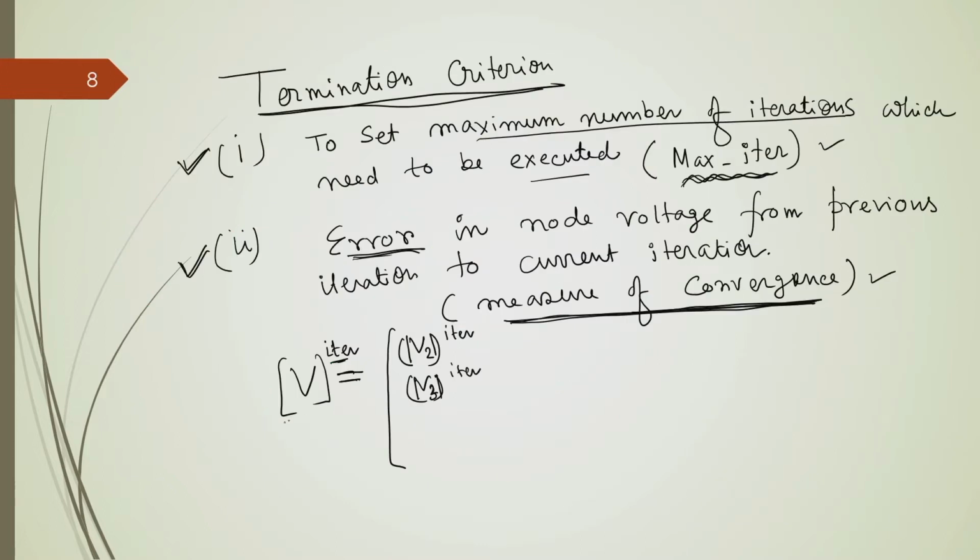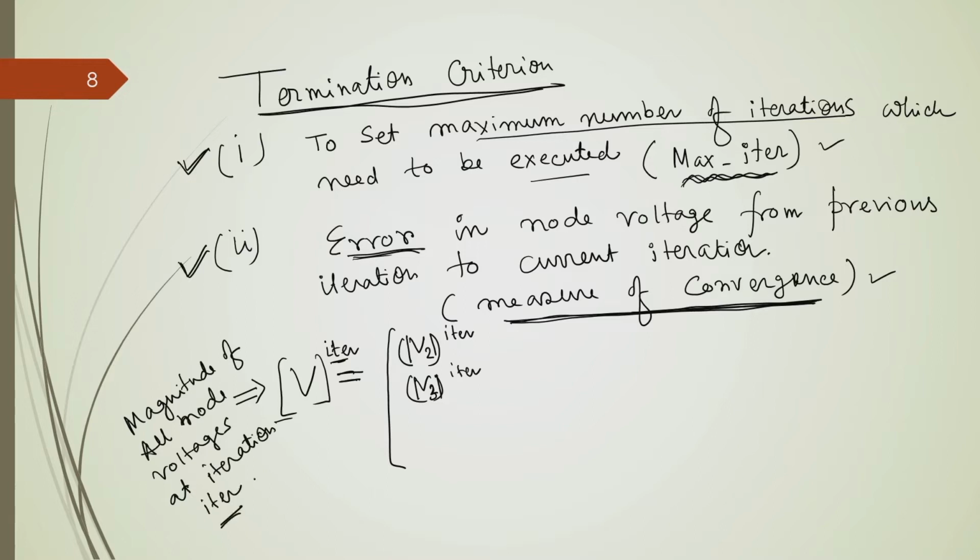So, this V is basically the magnitude of all node voltages at iteration iter.